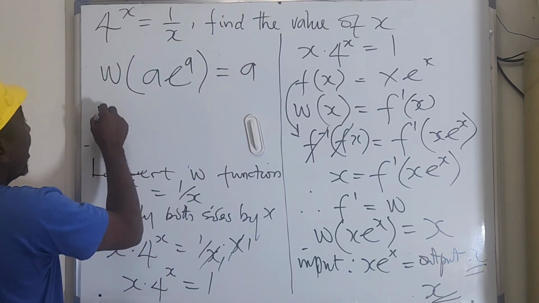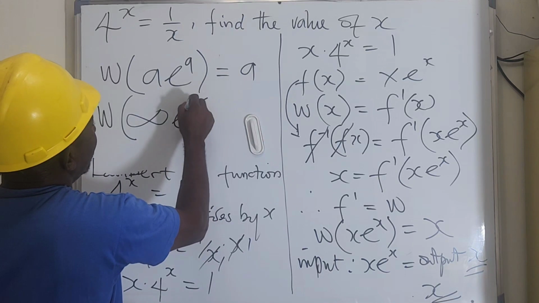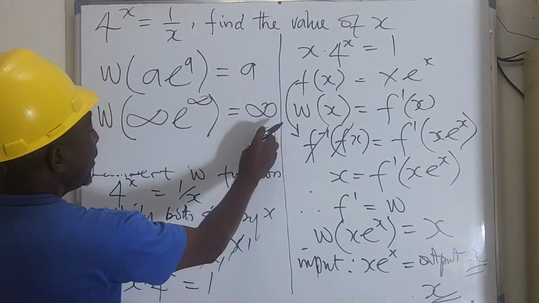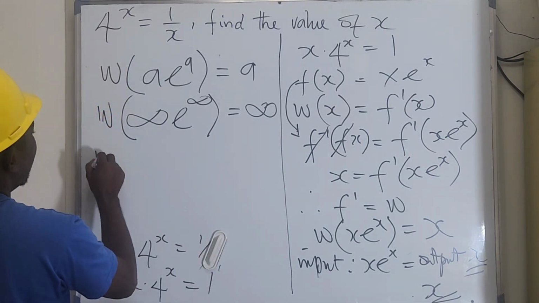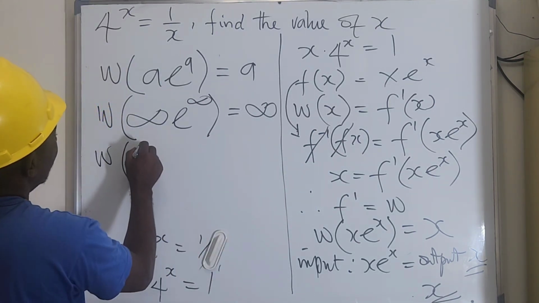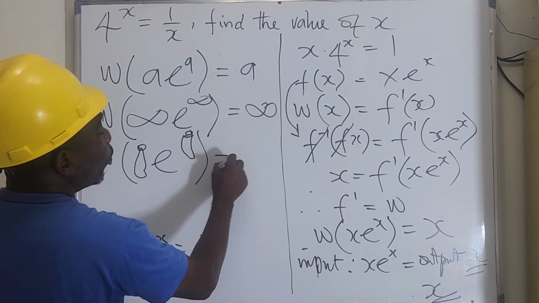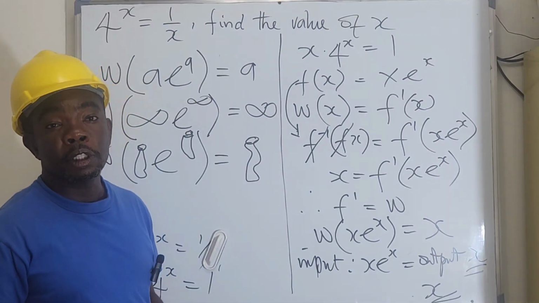Also, when we have the Lambert W function of infinity e to the power of infinity, the answer will always be infinity. Another one, when we have the Lambert W function of a bottle of Coke e to the power of a bottle of Coke, the answer will always be a bottle of Coke. So this is what the Lambert W function is all about.